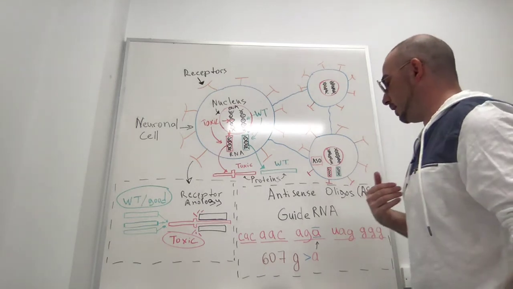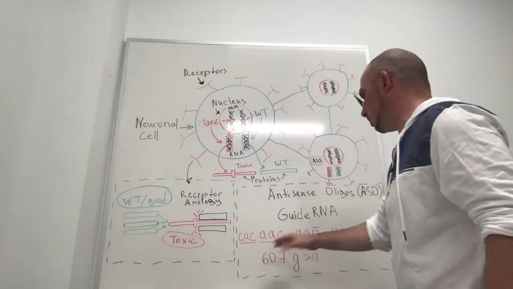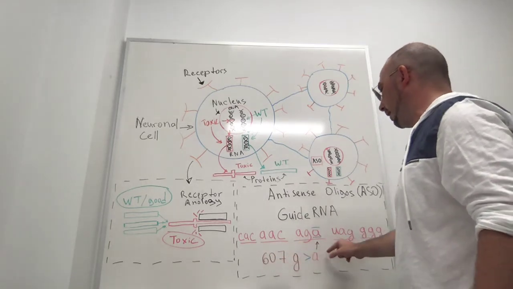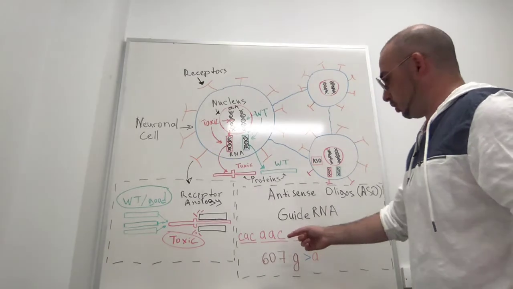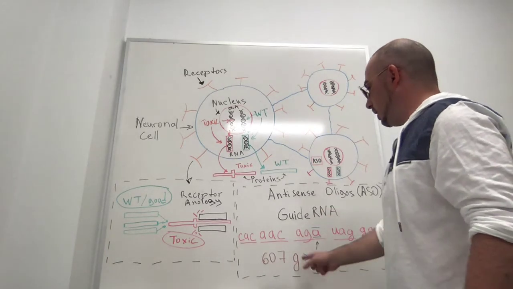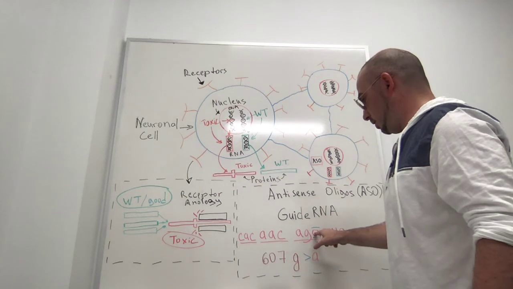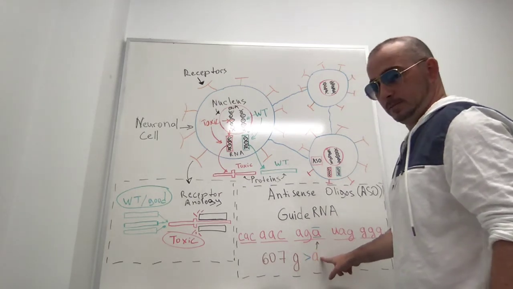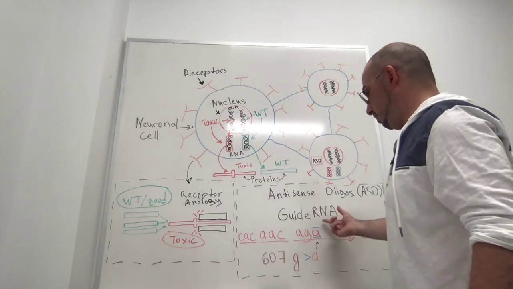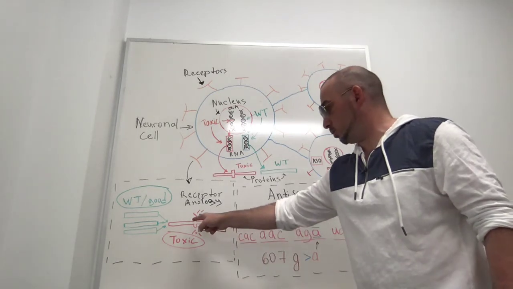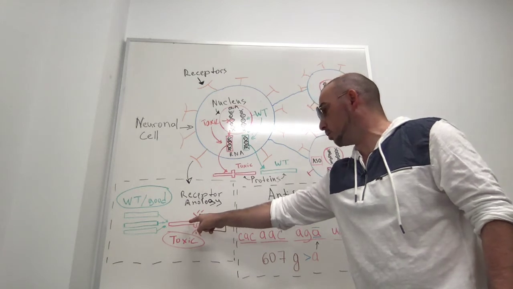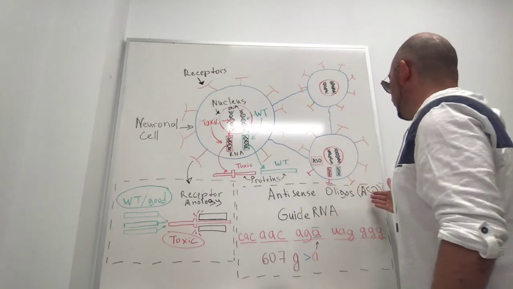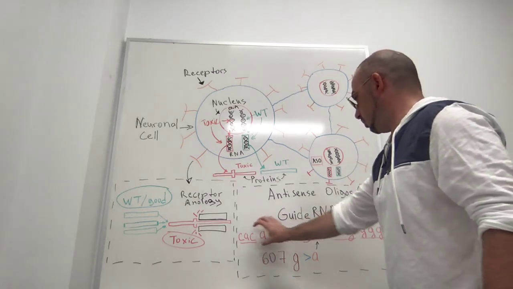In the case of my son, he has, and this is a DNA code, but I'm just going to pretend that it's an RNA code, he has 607G2A, and that means at position 607, the letter that was expected to be G became an A, and that's what causes that toxicity. That's what causes creation of this malformed protein. So the guide RNA in antisense oligonucleotides contains this sequence.